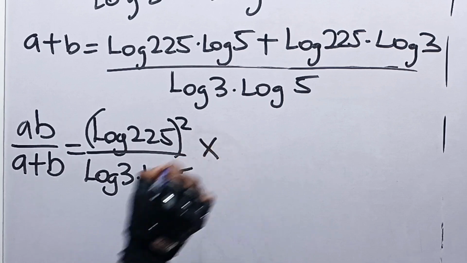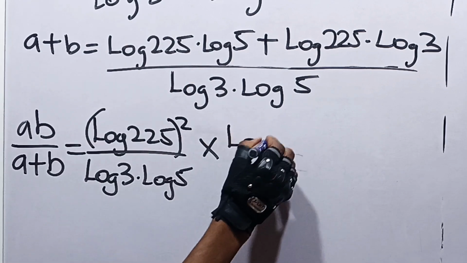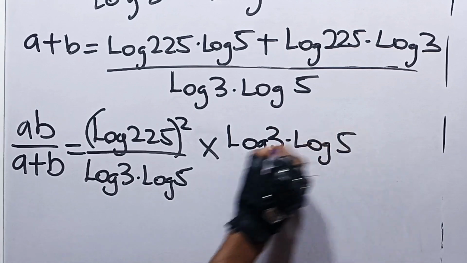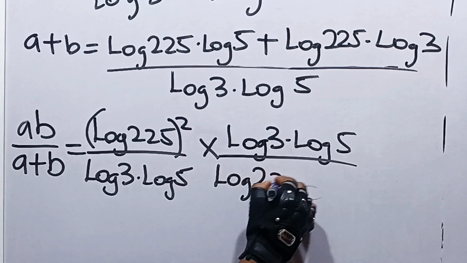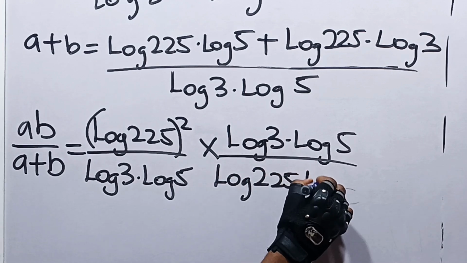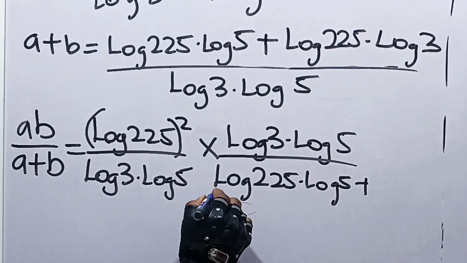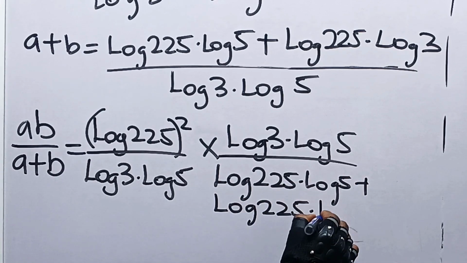Now multiplied by, this will be inverted. So a plus b is inverted. Now we have log of 3 times log 5 divided by log of 225 multiplied by log of 5 plus log of 225 multiplied by log of 3.